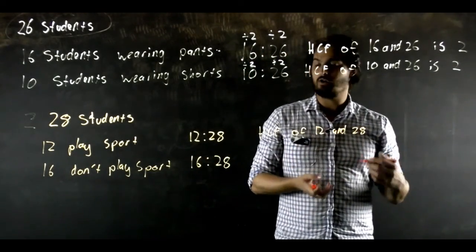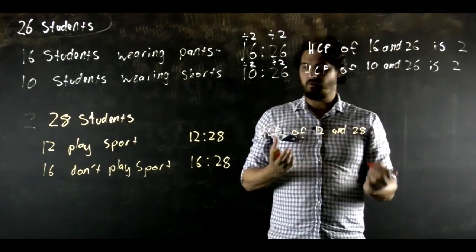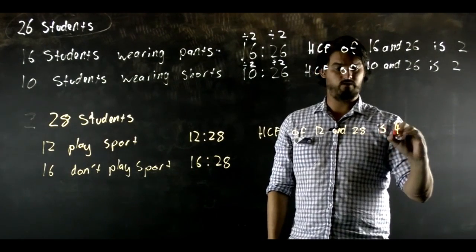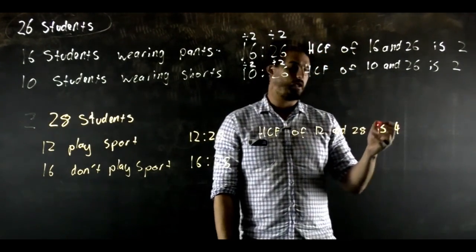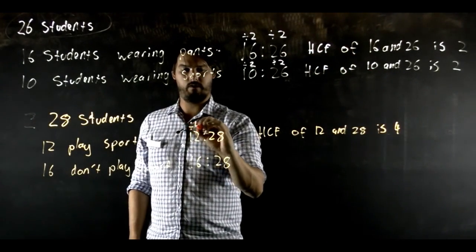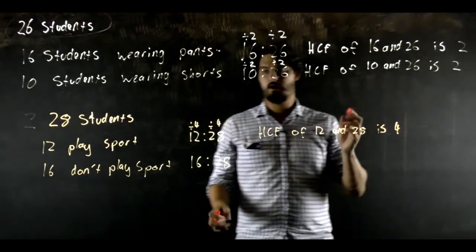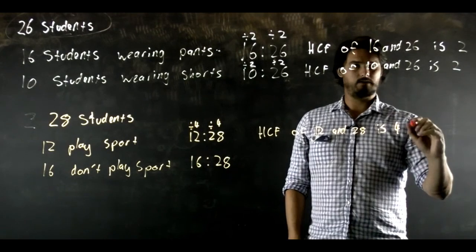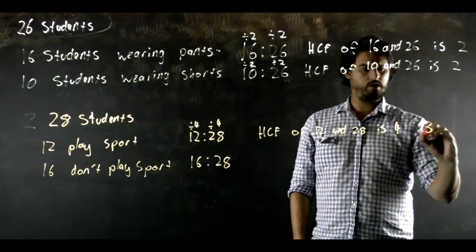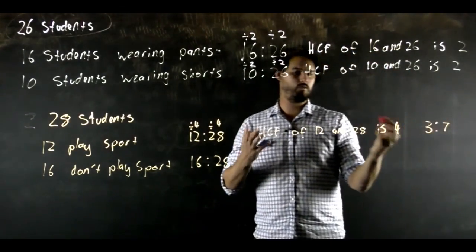You'll go through your numbers, right up to 12, but you'll find that 4 is the highest common factor of 12 and 28. So we follow the same process, we'll divide both sides by 4, and we will get 3 and 7.